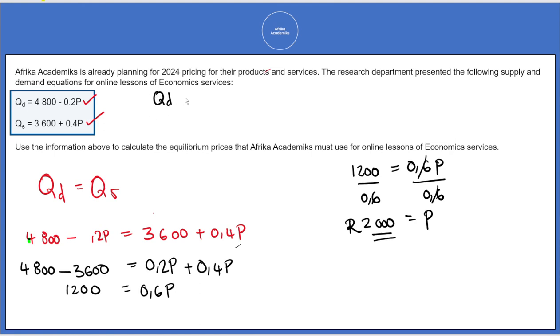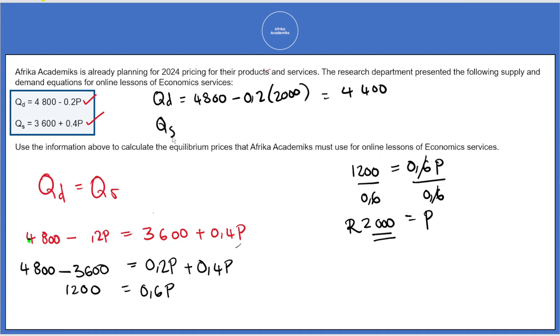So you can say QD is equals to 4,800 minus 0.2, then in place of P you put 2,000. So this should give us 4,400.